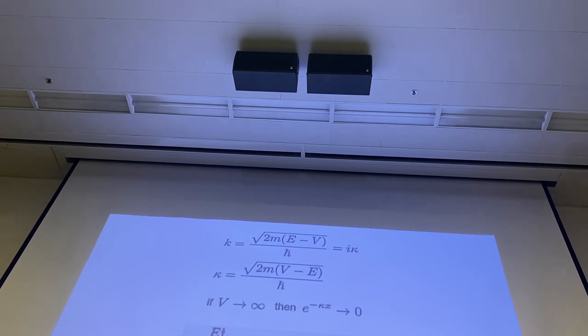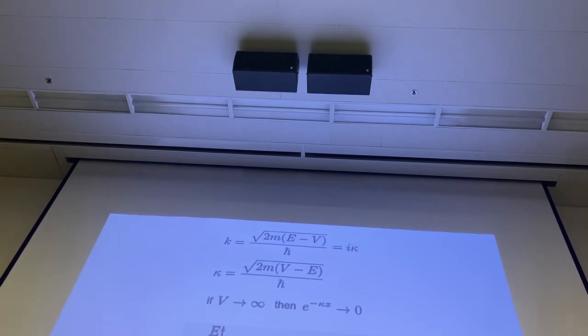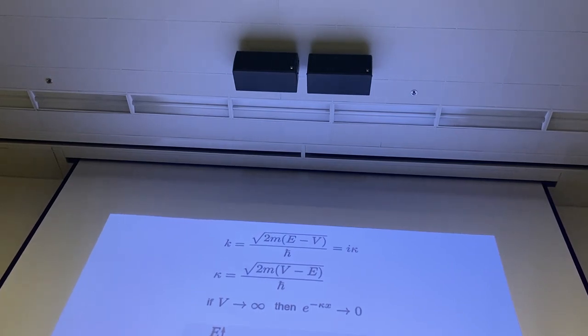Okay? That's what it says. E negative kappa x is 0. At this point, I have that function, E kappa x. Kappa goes to infinity or negative infinity, and that means I get 0 right there. So in the box, I can have a waveform, but as soon as it hits the edges, it has to be 0.